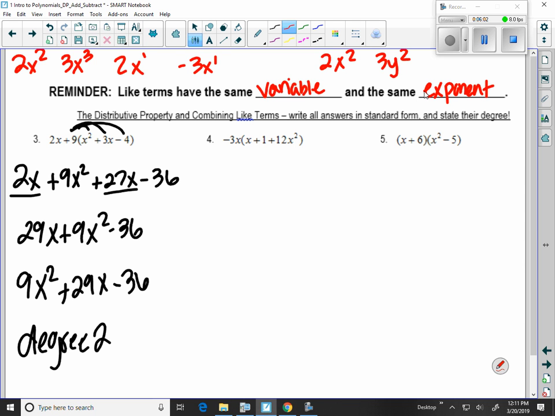I think you can do number 4 on your own. Do you think you can do it? Okay, I want you to try number 4. Number 5 is FOIL. So if you want to wait for me for number 5, I'm going to do that like I would a notes, kind of like we did number 3. But try number 4 on your own. See if you can get number 4.